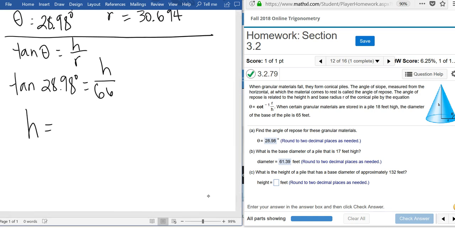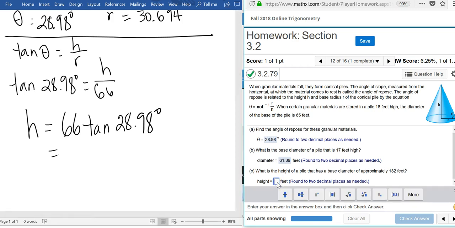So the height would be 66 times the tangent of 28.98 degrees. So when we multiply those two together, we get that our height should be about 36.55.